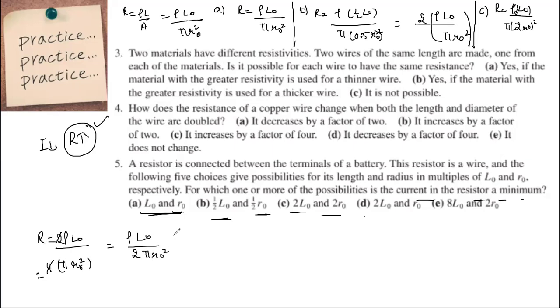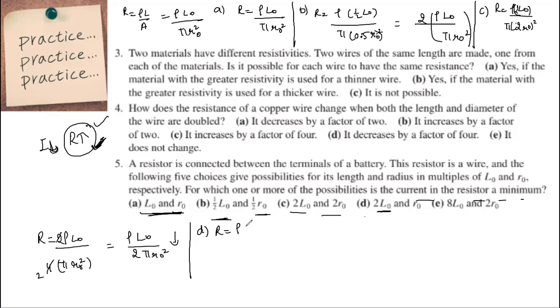So in this case, if you see, the resistance decreased, but we are looking for the increasing scenarios of resistance because the question is asking when the current will be minimum. So this was our option C. Let's do part D now. Again, let's start by writing R is equal to rho.